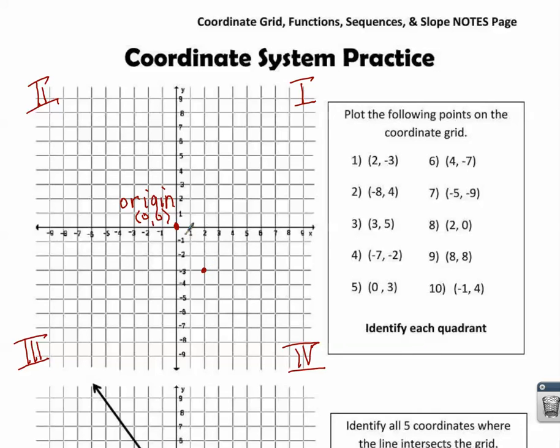This is because it's a positive 2, I'm going right, a negative 3, I'm going down. Let's look at number 2. Start back at the origin. It's a negative 8, so I'm going left. A positive 4, so I'll go up. So I'm going to walk 8 units to the left, fly 4 units up.